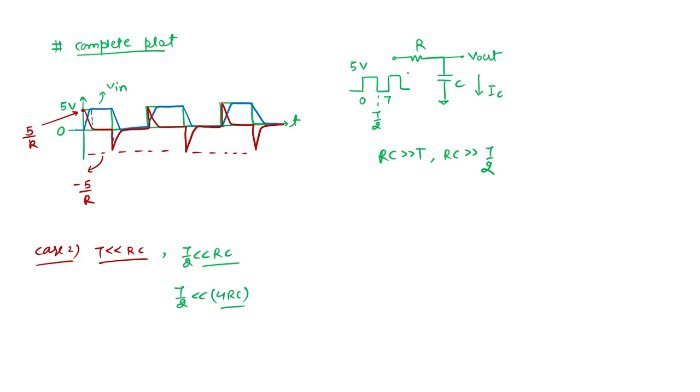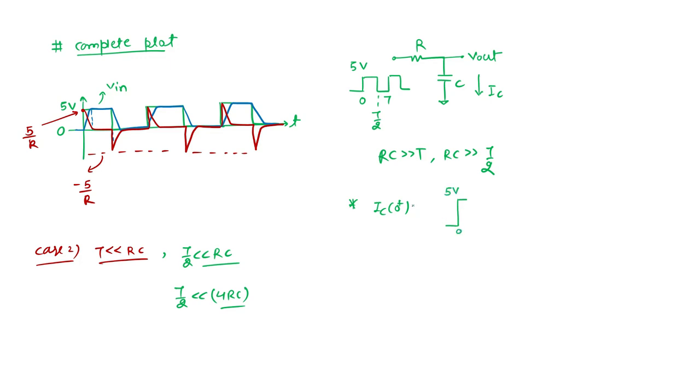Let's say just after 0, the capacitor is shorted. So the initial current at t equal to 0 positive, first of all we are applying a step here.